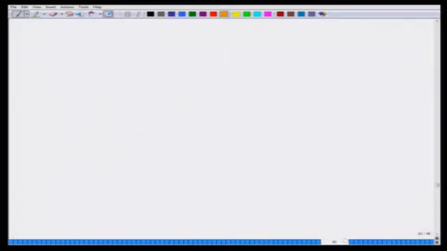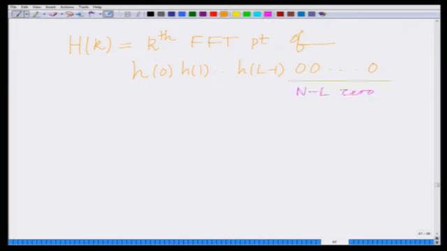So, capital H of k is equal to the kth FFT point of the zero padded sequence h0, h1, up to h of L minus 1, followed by N minus L zeros.